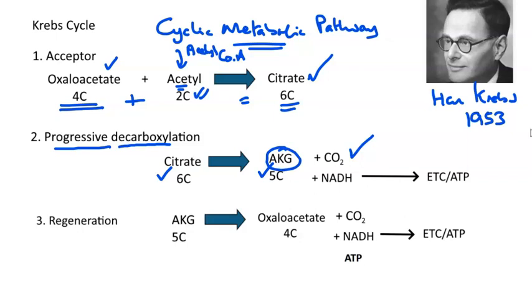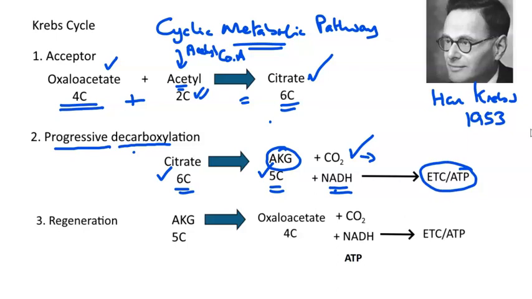The important thing is to focus on the decarboxylation of 6-carbon to 5-carbon, the release of carbon dioxide, which of course will be excreted, and also the formation of the reduced coenzyme NAD. Later we will link this NAD to the electron chain system and the formation of more ATP in our next video.